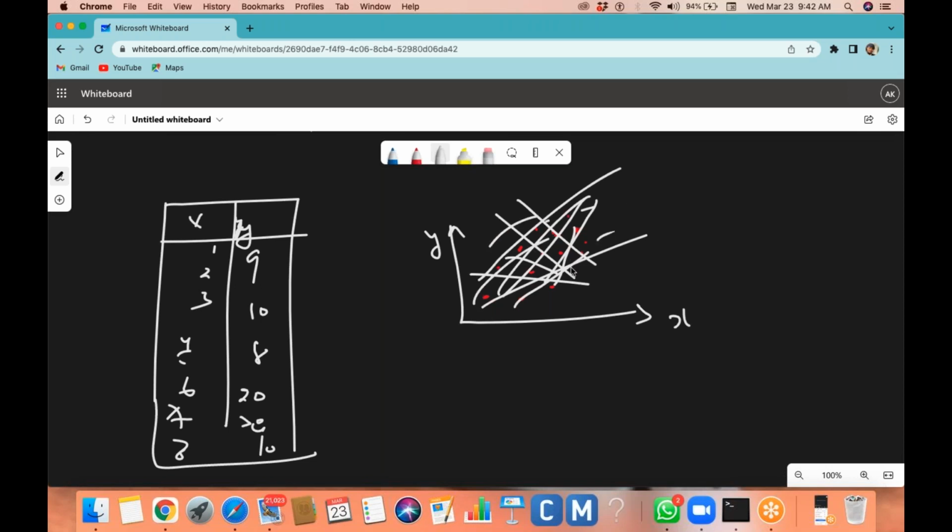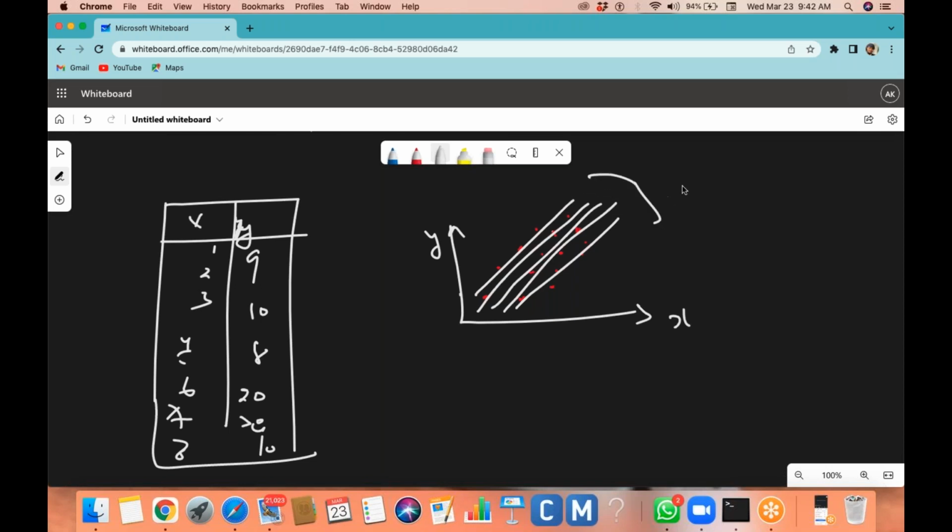Yes or no? But I want the best fit line. How should I draw the best fit line? That's the question in linear regression. Maybe this one, maybe this one. You have a lot of regression lines. From all these multiple regression lines, which is the best one?